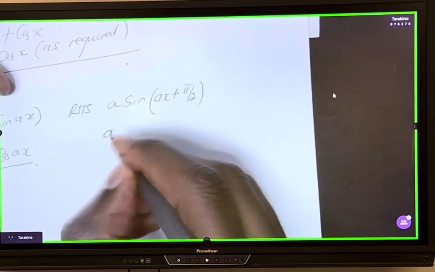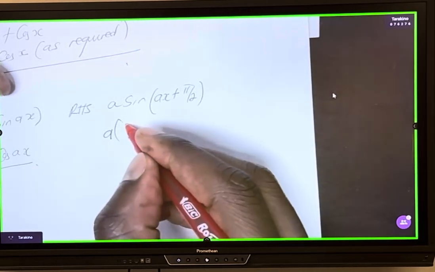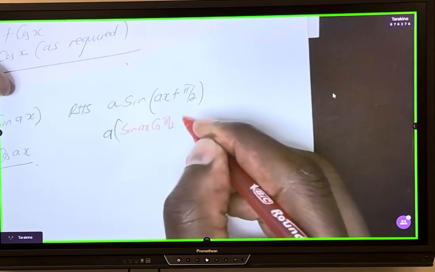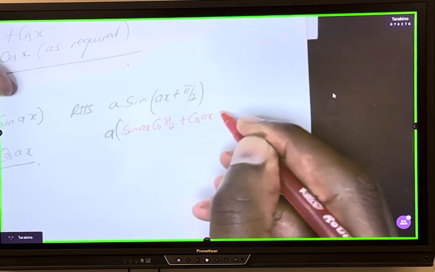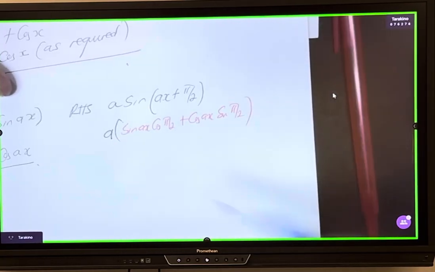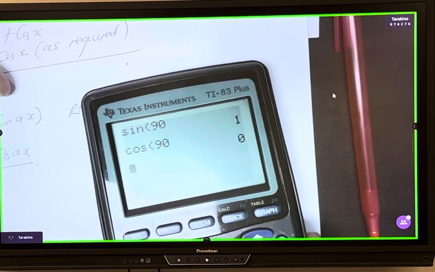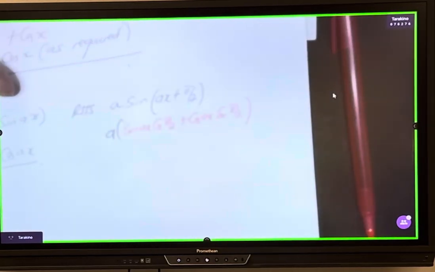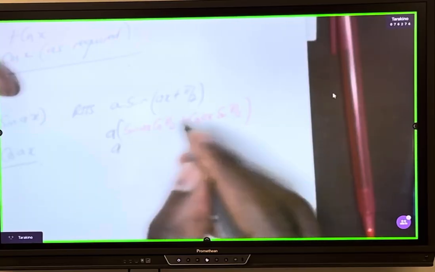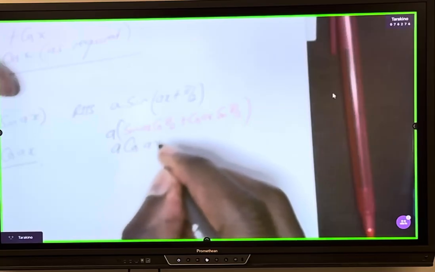It's just a, and when I expand, it's going to be sine ax cos pi over 2 plus cos ax sine pi over 2. Remember pi over 2 is 90, sine 90 is 1, cos 90 is 0. So it's going to be a; since this is 0, it vanishes, then this is 1 times cosine of ax.